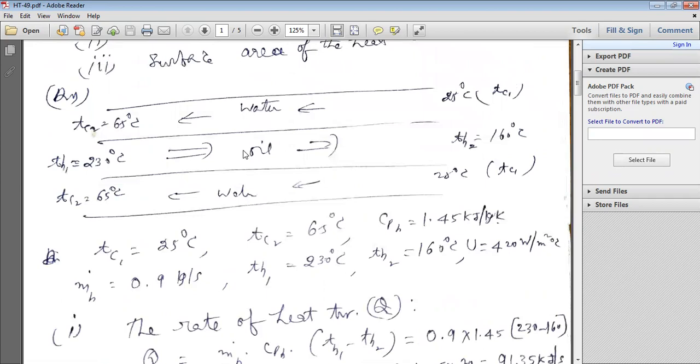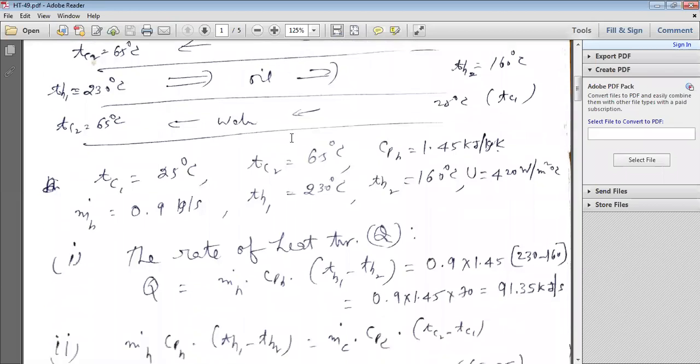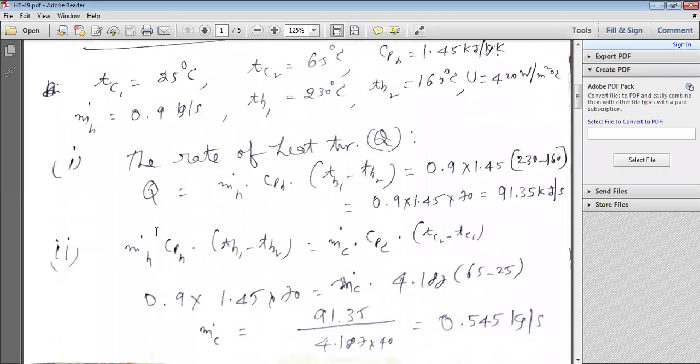Whenever the hot oil is giving the heat, the cooling fluid, that is water, is taking that heat. That's the energy balance. Heat supplied by the hot oil is equal to heat gained by the cold water. That is m into specific heat into temperature difference for the hot liquid, equal to mass of the cold fluid into specific heat of the cold fluid into temperature difference of the cold fluid.